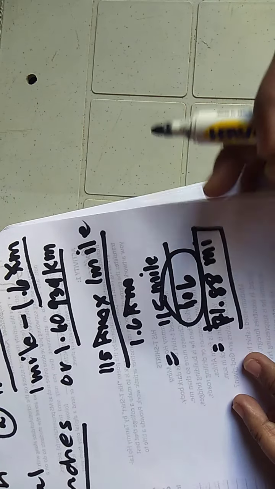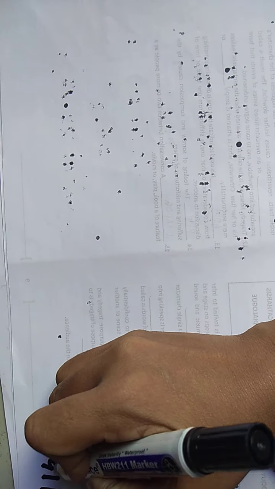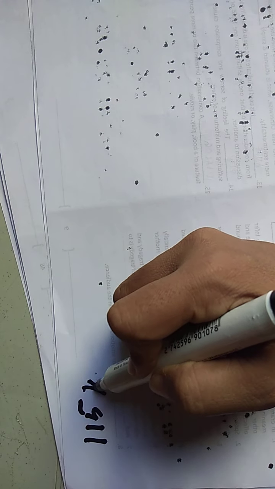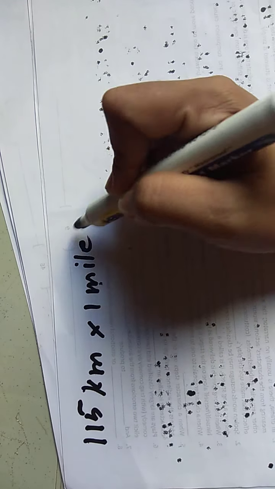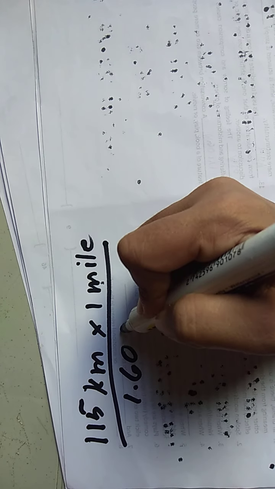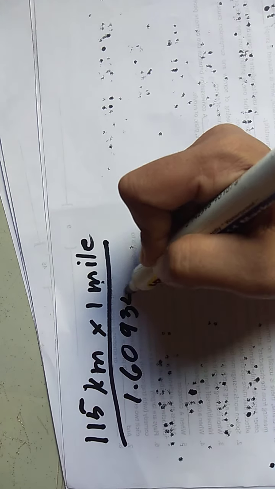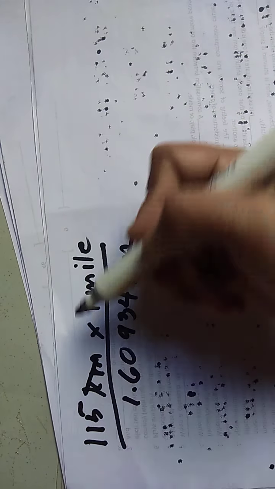Okay? Ma'am, paano naman po yung 1.60934 kilometer? So, if we're going to use that, the ratio will be 115 kilometer. Okay? Times 1 mile divided by 1.60934 kilometer. Okay? Cancel the same unit.